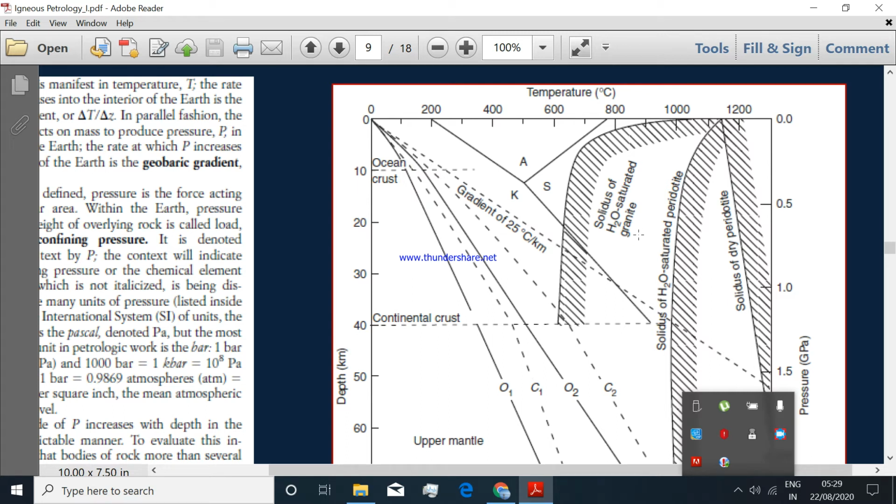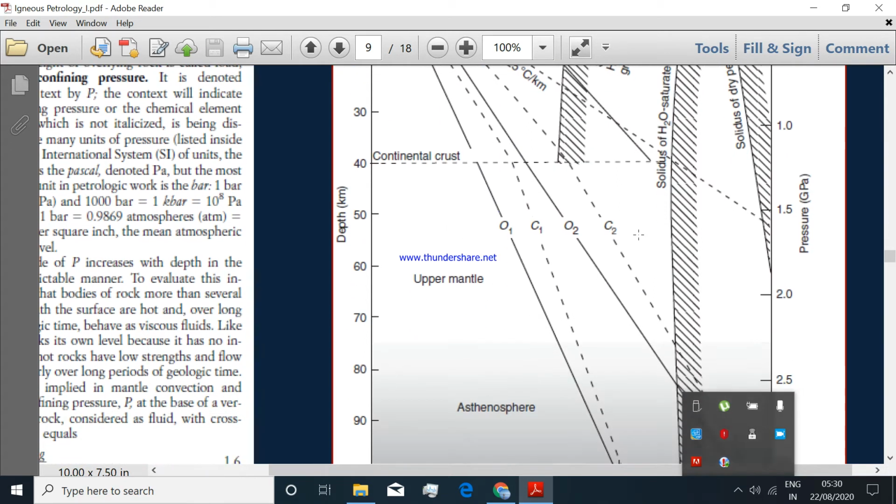This happens because H2O, whenever present in a rock, can break the structure of the rock, or destabilize the silicate network present in minerals in the rock, and that's how, if we increase the temperature, it is much easier for the rock to melt because of the vapor pressure generated inside the rock. That's what happens.